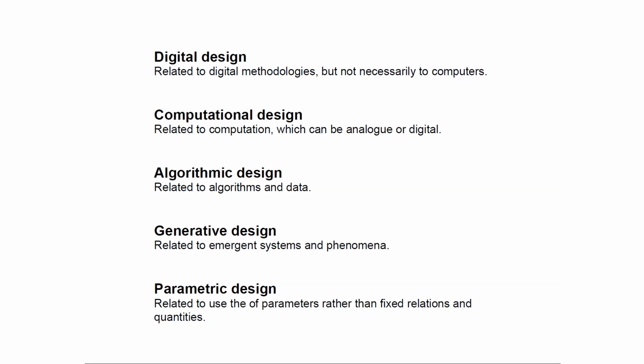And then algorithmic design, which is the name of this course, is related to algorithms and data. Of course, this is also related to computation, but here the emphasis is really on the data representation of design.